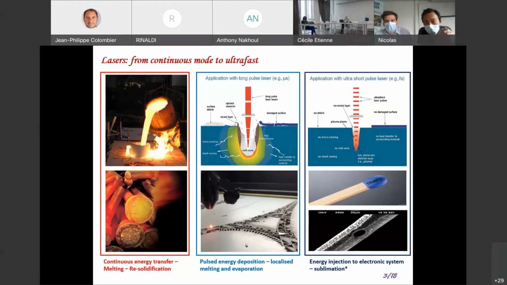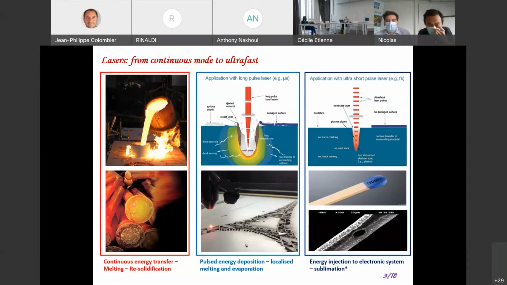If we further shorten the packets of laser light, when we come to the ultrafast regime of femtoseconds, we have a different laser-material interaction. The femtosecond laser pulses interact with surface electrons first, and then the laser pulse extinguishes, leaving the excited electrons to interact with the rest of the material, the lattice, through electron-phonon coupling.